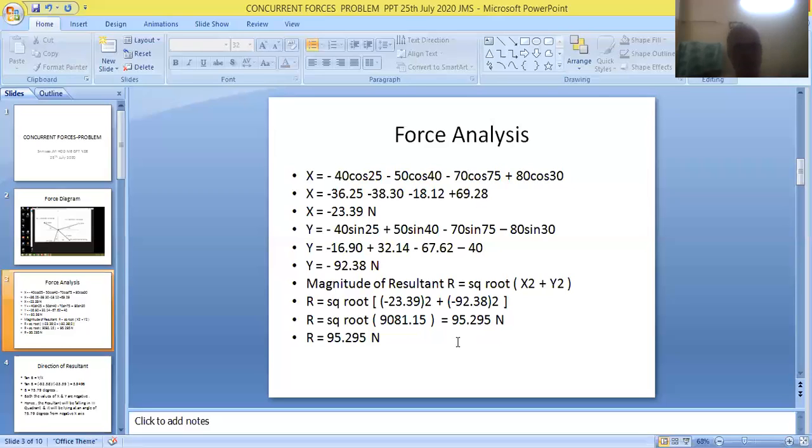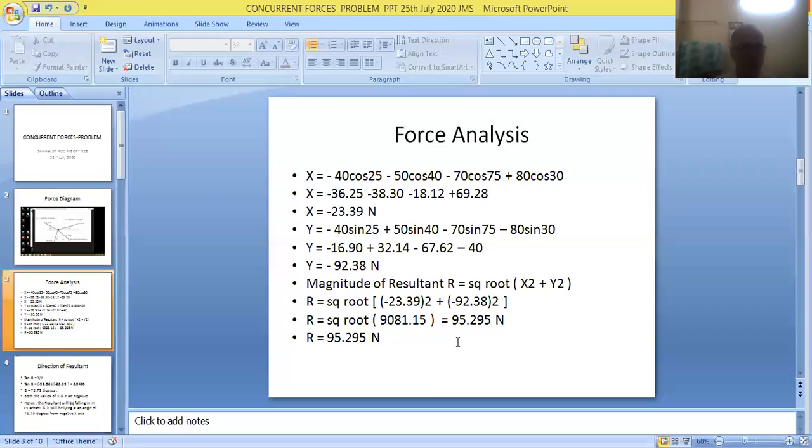This is called the resultant of resultants. F1, F2, F3, F4 are called forces and individual resultants. So we are measuring the resultant of those resultants. So it is called a final resultant. It's called a resultant of resultants, or also referred to as a final resultant.